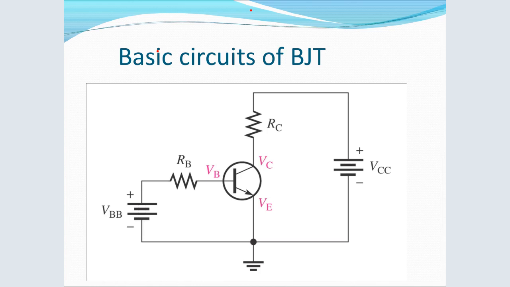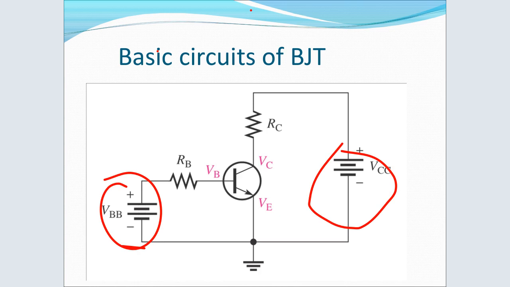That is VC, VE, and VB. Now, these ones are the external voltages that do the biasing on those terminals, either forward or reverse.